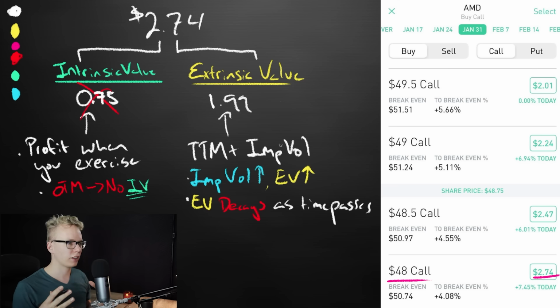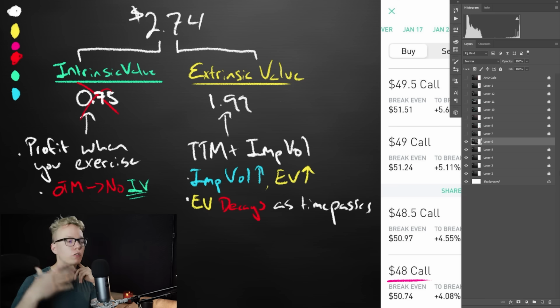The more time you have till expiration, the more time you have for that volatility to take effect, the more valuable your option is going to be. So both time to maturity and implied volatility are good for options. You want more time, they're going to be worth more. It also means they're going to be more expensive. So if you flip between January 24th, February 7th, February 14th, you'll see that these numbers increase the further out your expiration is because there's more time to maturity.